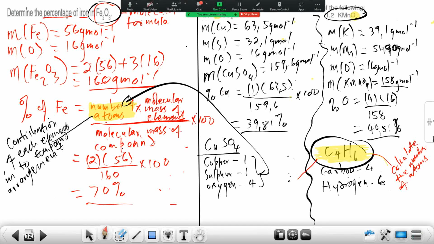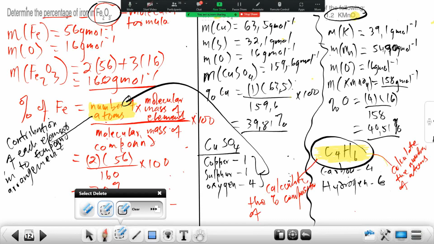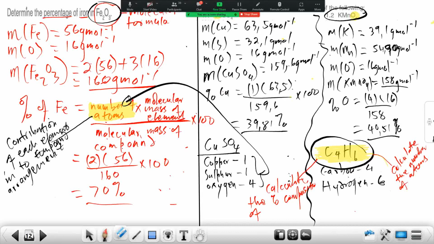The second question says: calculate the percent composition, or just percentage composition. It's better to say percentage composition of what we don't know. So now let's look into it.